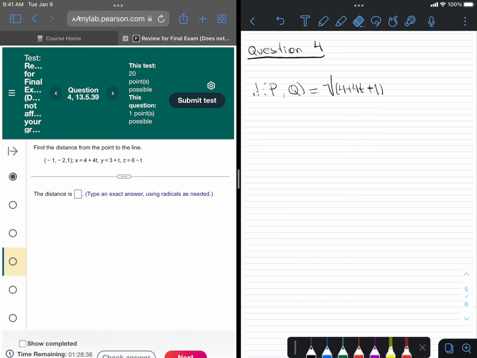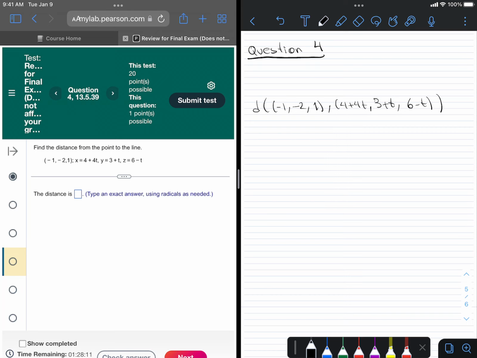So I'm actually calculating, for each t, the distance between the point (-1, -2, 1) and the point (4 plus 4t, 3 plus t, 6 minus t).